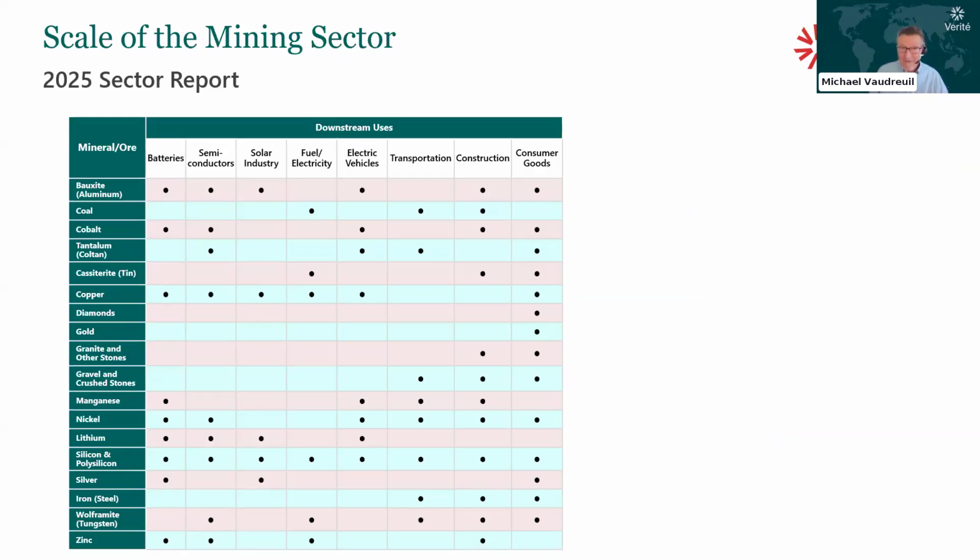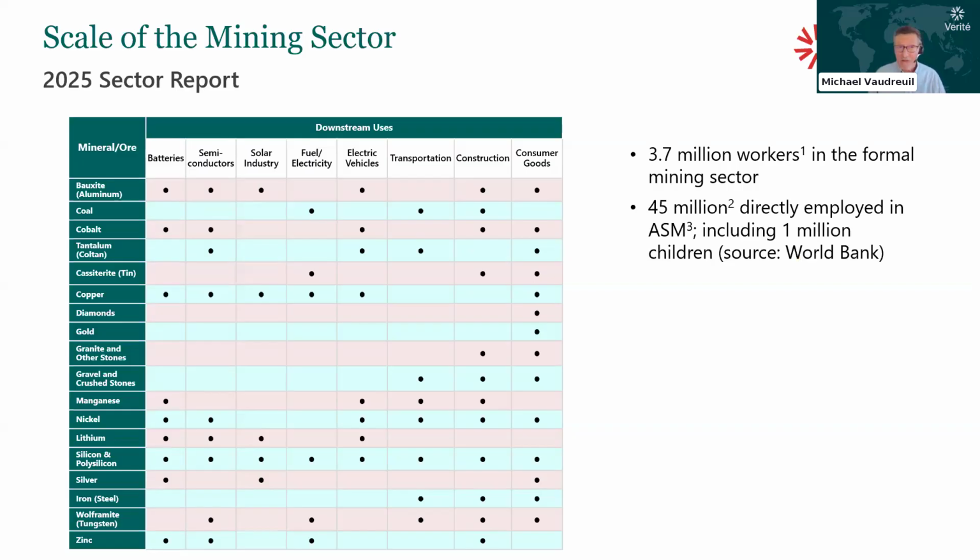So the impact is very broad across basically all industry sectors, and the number of people either directly or indirectly employed in the sector and thereby potentially at risk of forced labor is also quite large. We have a total of almost 4 million workers in the formal mining sector, another 45 million in artisanal and small scale mining, including, as it says, about 1 million children.